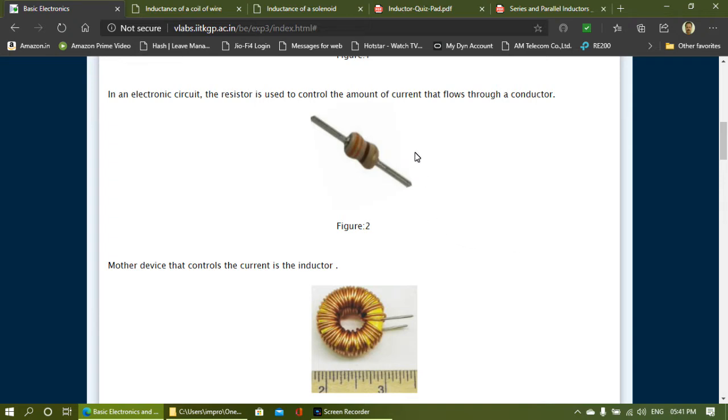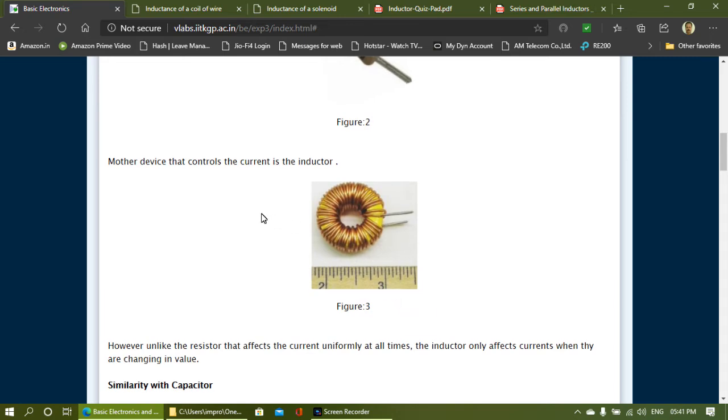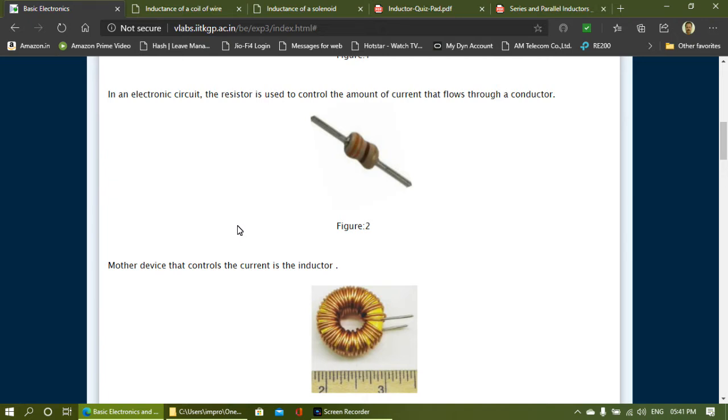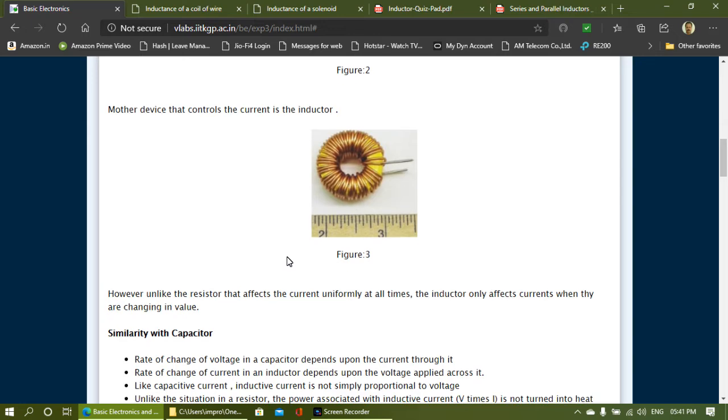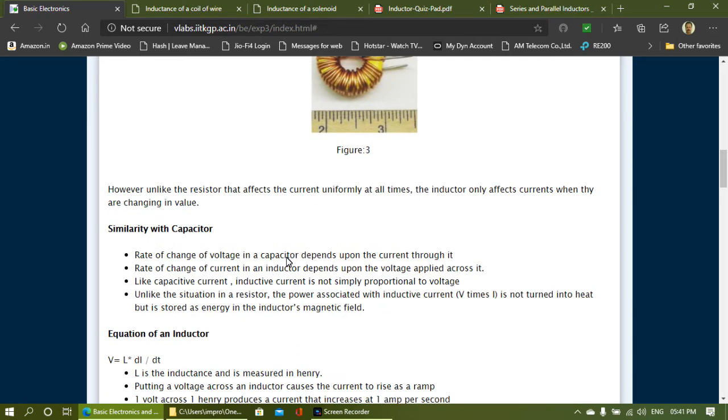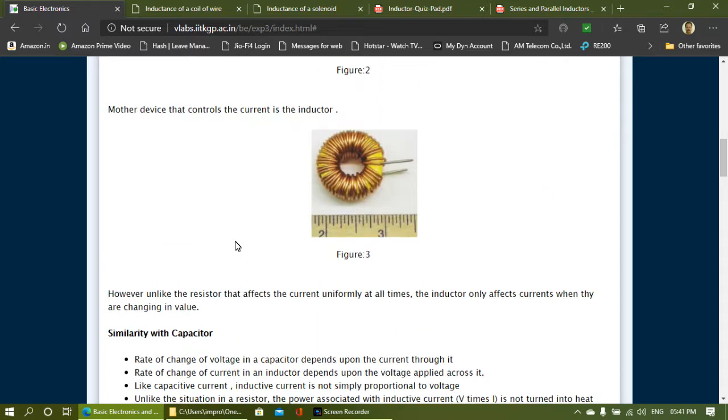But resistance is independent of operation in any AC or DC application, whereas the inductor, in case of AC, has a slightly different function, because resistance offers the same amount of resistiveness to the DC circuit as well as the AC circuit. But in case of an inductor, it has a different scenario in how it reacts to AC circuits or AC applications.